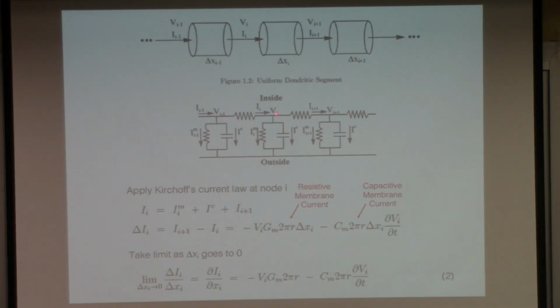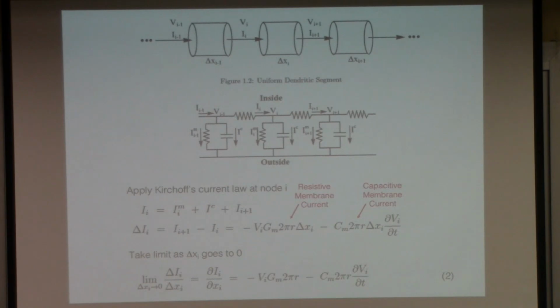If the current's entering here, it can either flow in this direction, so that's the term I sub i plus 1, that's this current here, or through the capacitive and the resistive transmembrane elements. So an entering current must be balanced by the sum of the currents leaving the node. You can't have charge accumulation at a node. That violates conservation of charge.